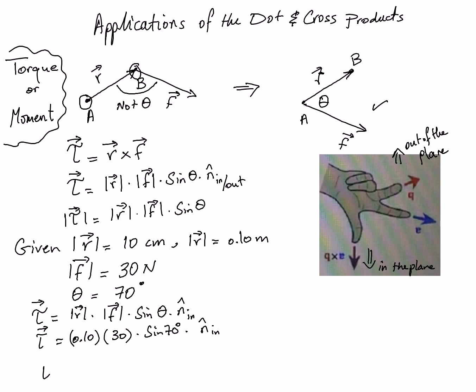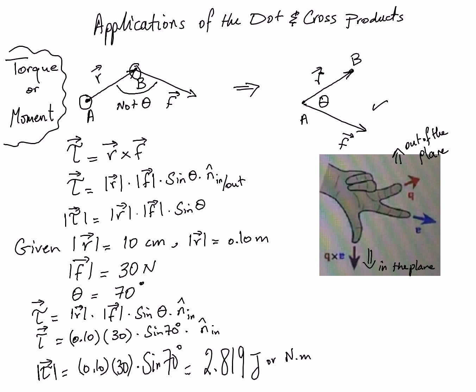And therefore the magnitude of that tau will be simply 0.10 times 30 times sine of 70 degrees. Therefore the magnitude of the torque here, or the moment, will be 2.819 joules or Newton meters.